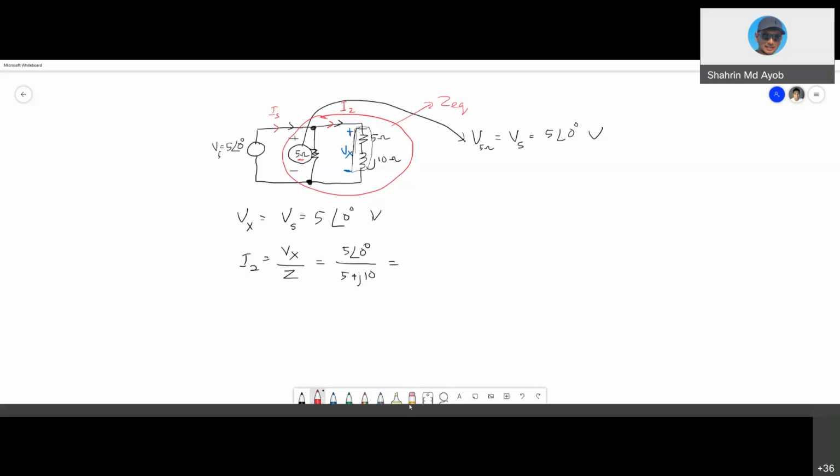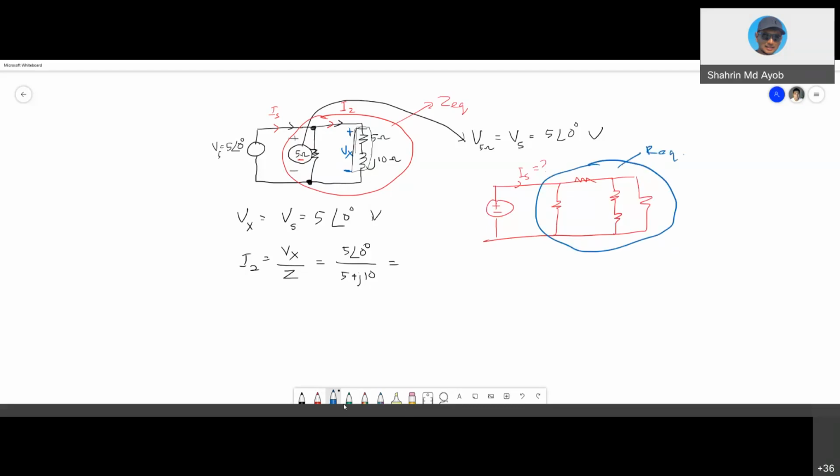For example, if you have a DC voltage and various kinds of resistors, and you calculate what is IS, you need to simplify it all to get R equivalent to get the IS. Then your IS is actually Vs over R equivalent.